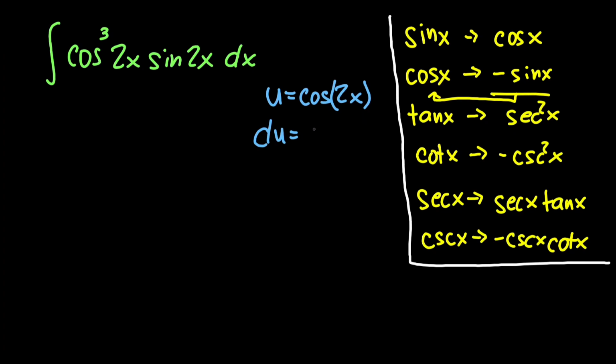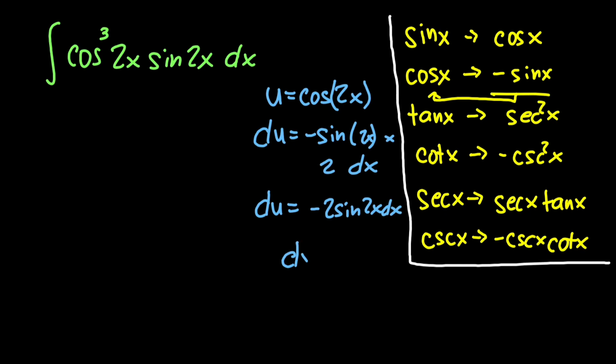So the derivative of cosine 2x would be equal to negative sine of 2x, and multiply this by the derivative of the inner function 2x, which would be 2, and multiply this by dx. So du right here would be equal to negative 2 sine of 2x dx. So dx right here would be equal to du over negative 2 sine of 2x.